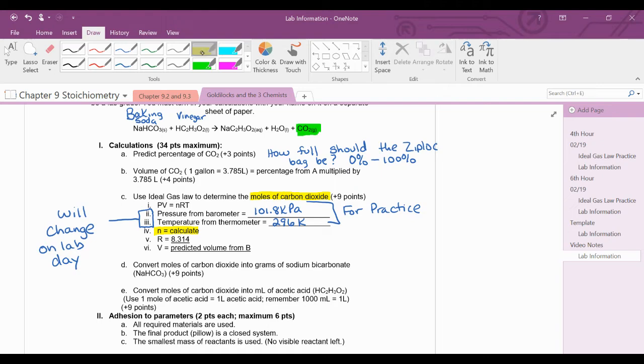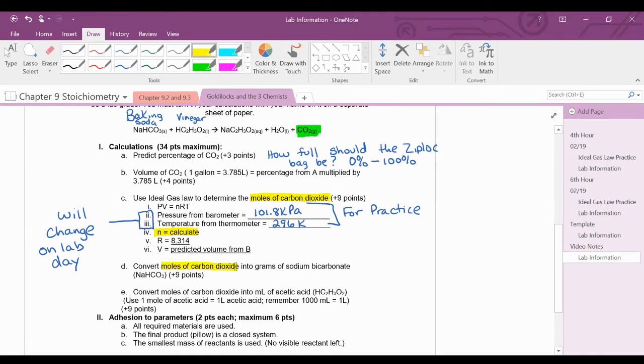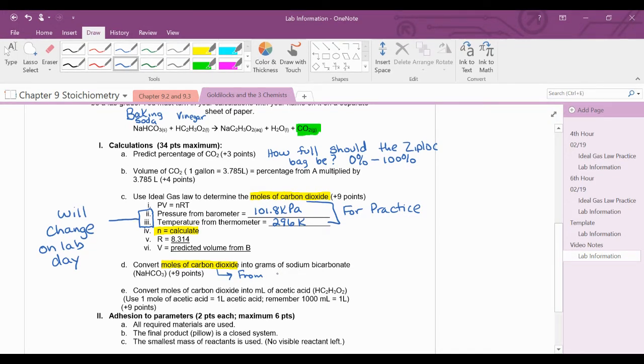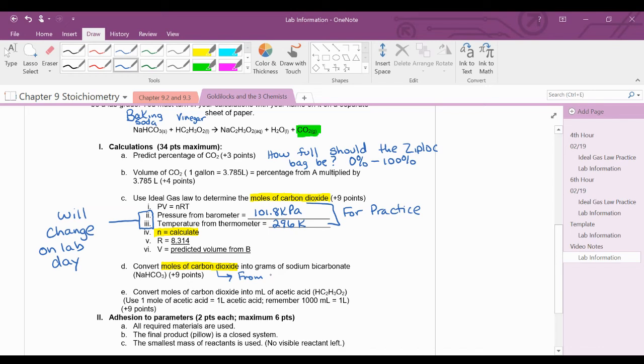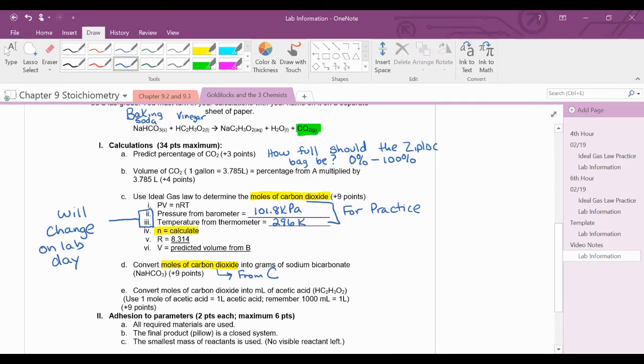This moles of carbon dioxide is from letter C. And then that'll give you your mass of baking soda that you'll have to measure out.